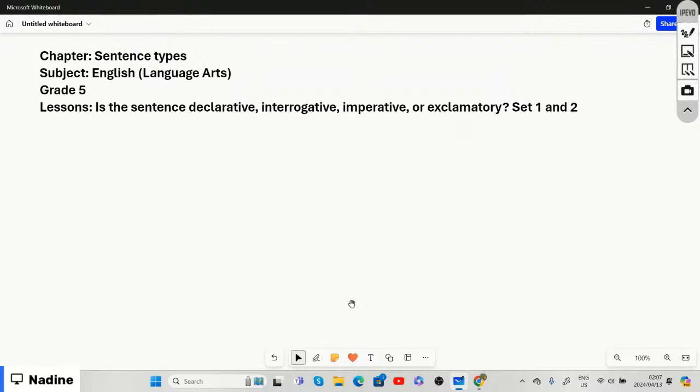And the lesson that we are focusing on today under the chapter of sentence types is: is the sentence declarative, interrogative, imperative, or exclamatory, right? And we're going to do set 1 and we're going to do set 2.